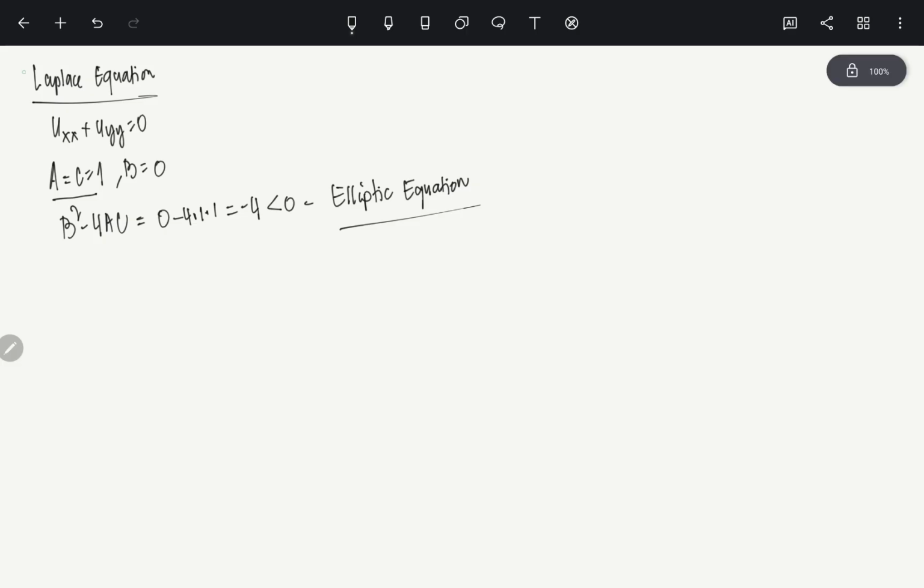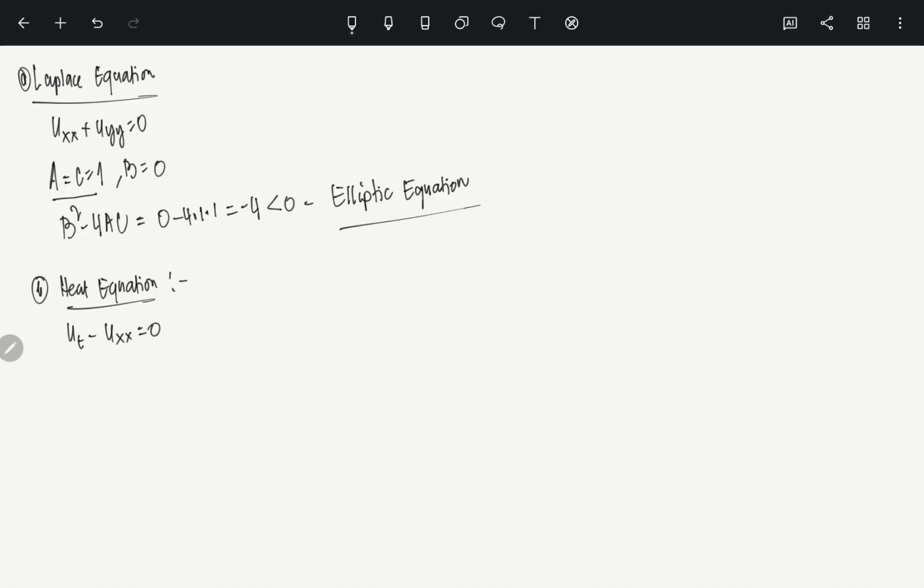Okay, so that is one example of an elliptic equation. Now, can you give me an example of a parabolic equation? Let's look at the heat equation. If you remember, it is ut minus uxx equals 0. I am just doing it for 2 variables, not 3 variables. This does not work in 3 variables.